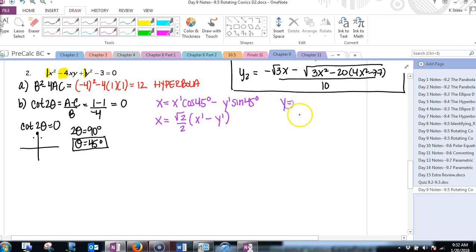And then y is equal to x prime sine 45 plus y prime cosine 45. And again, it's pretty much going to be the same thing like it was before, only here you do have root 2 over 2 for both, so we will pull the root 2 over 2 out.